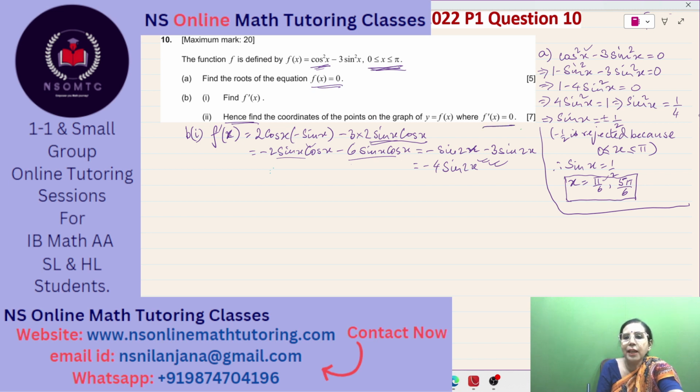And now they are saying f dash x is equal to 0. So f dash x is equal to 0 implies negative 4 sin 2x is equal to 0, or definitely negative 4 is not equal to 0, therefore sin 2x is equal to 0.